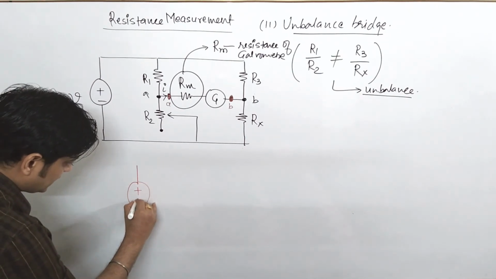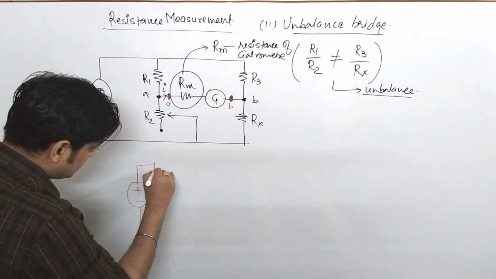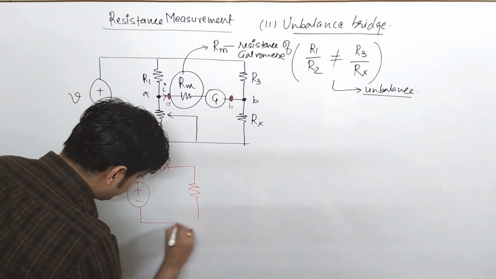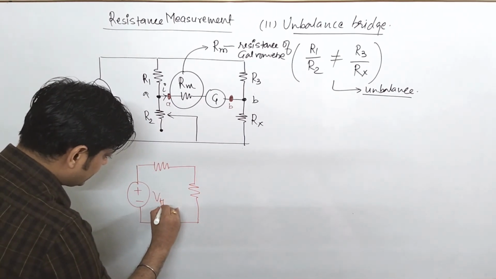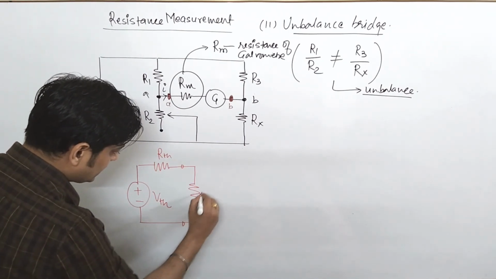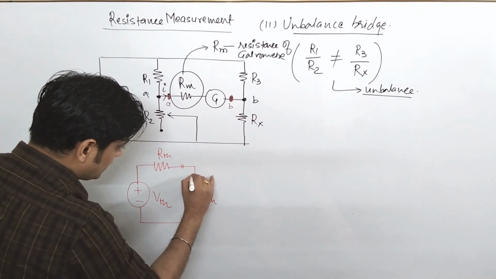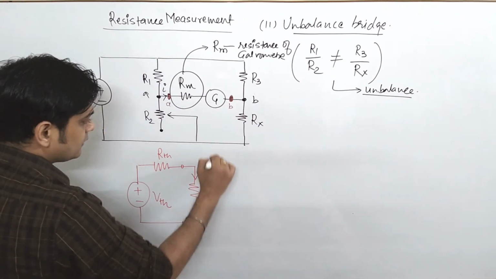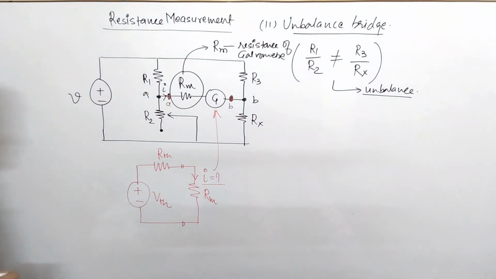Say this is your VTH, this is your RTH which you have to find, and this is the terminal, and this is Rm. So once you find these values, you get the value of current flowing through this galvanometer.